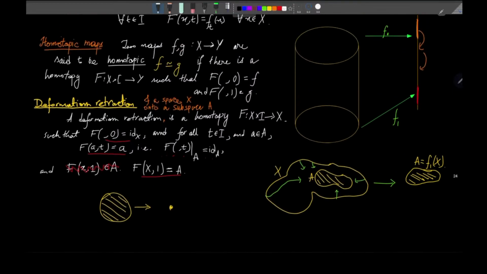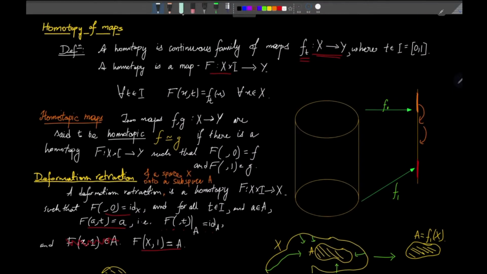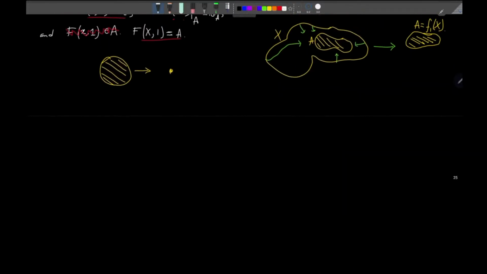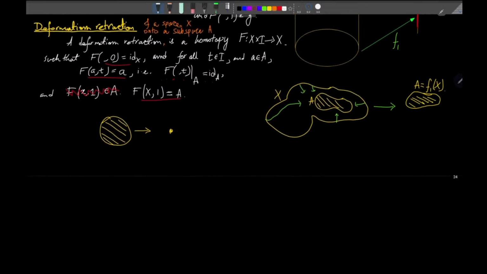Just like in the case of homotopy, where we got the definition of a homotopic map, we now get the definition of something very similar, which is a space being a retract of another space.